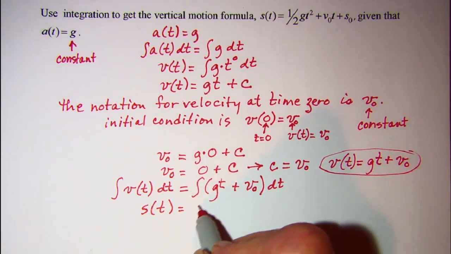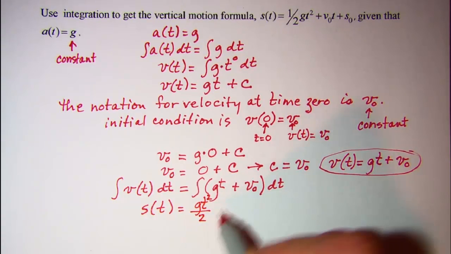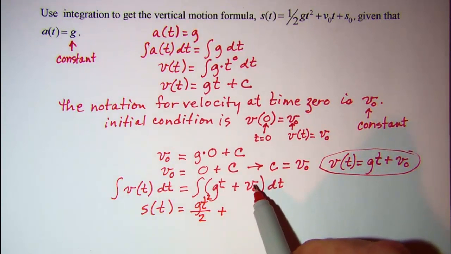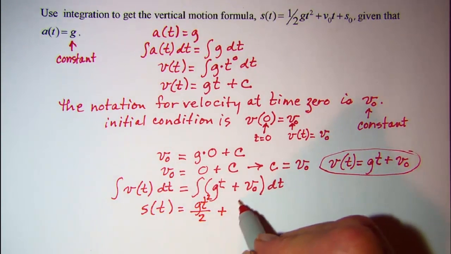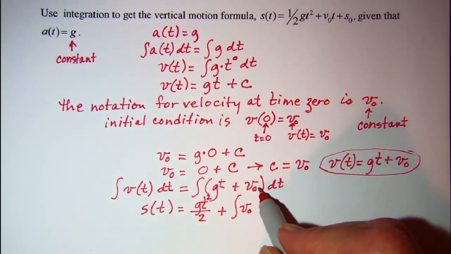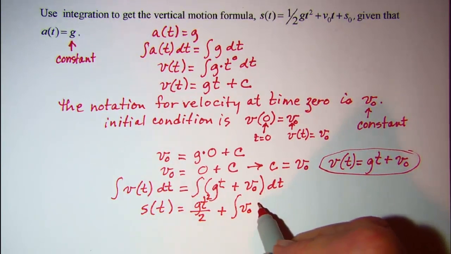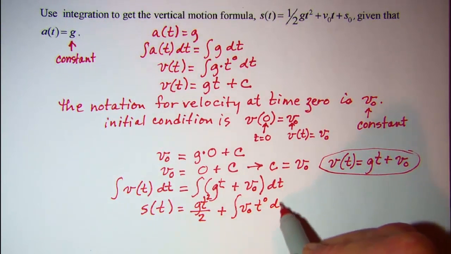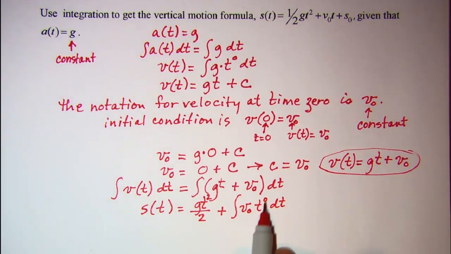So we now have gt squared divided by 2 plus, and this also is a number. I'm going to write that integral in a step here. This is a number, v sub 0, and then we could think of this as t to the 0 power to help us remember that we increase that exponent by 1 and then divide by the new exponent.